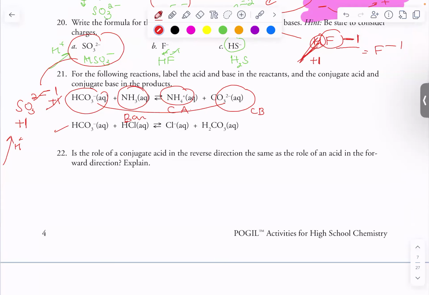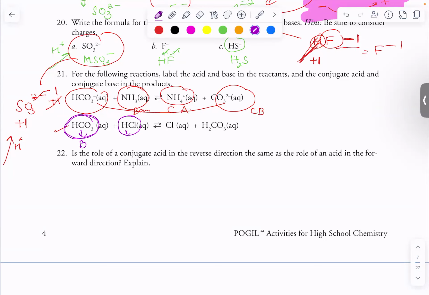Okay, HCO3 minus is the acid, and the conjugate base is H2CO3. Or wait, no. HCO3 minus is the conjugate. What is this? That's an acid? No, it's a base.